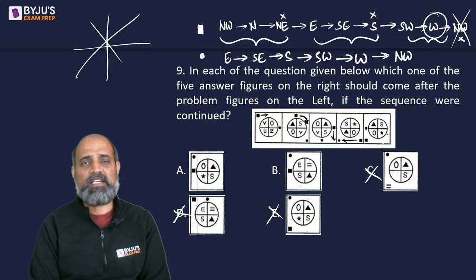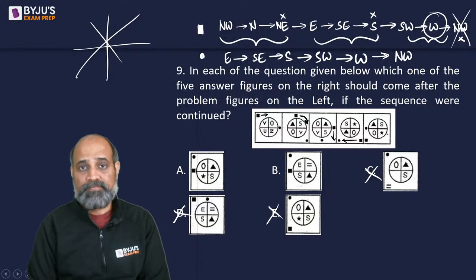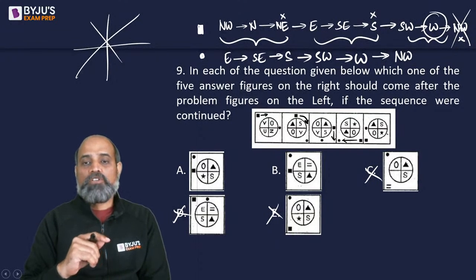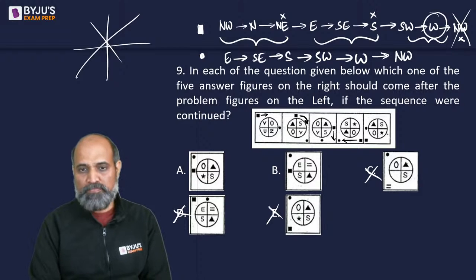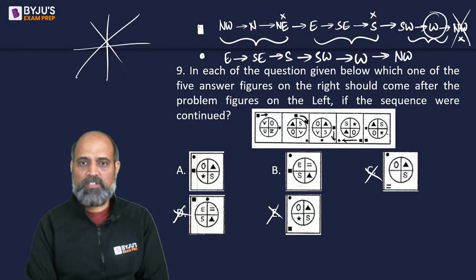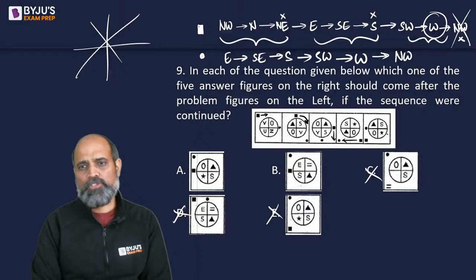O, triangle, star, S. So what is the order? Which particular shape is there throughout? O is there throughout. You call it O or 0.